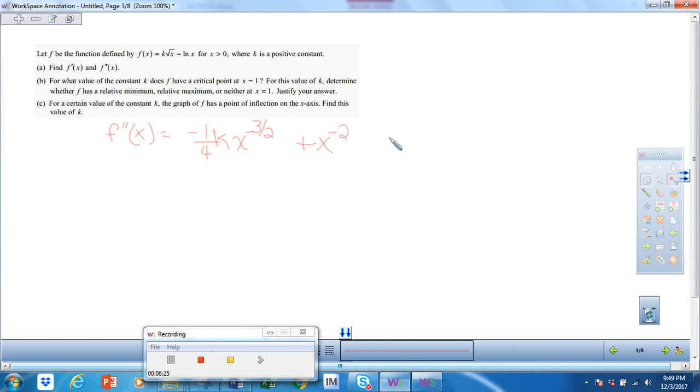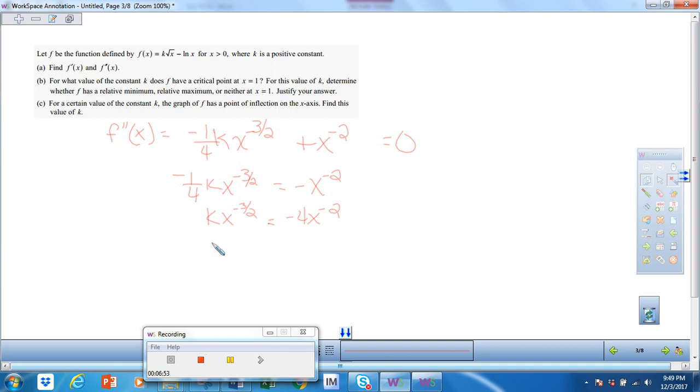All right, so if we set this equal to 0, then that means that negative 1/4 k x to the negative 3/2 is equal to negative x to the negative 2. Multiplying both sides by 4, I get k x to the negative 3/2 is equal to negative 4x to the negative 2.